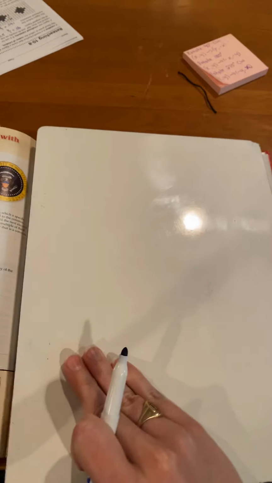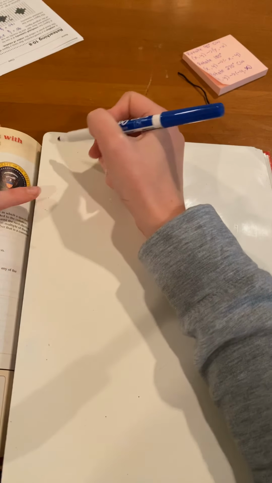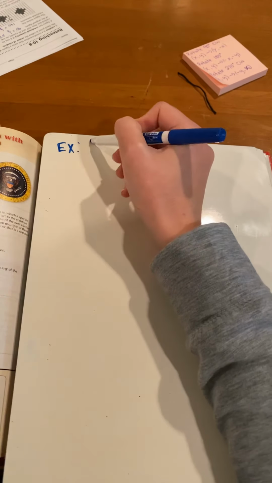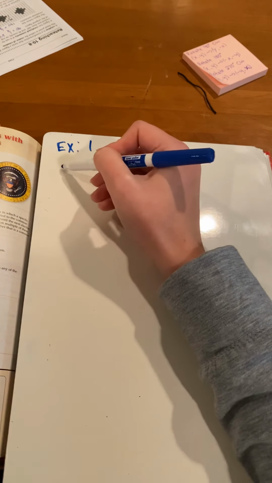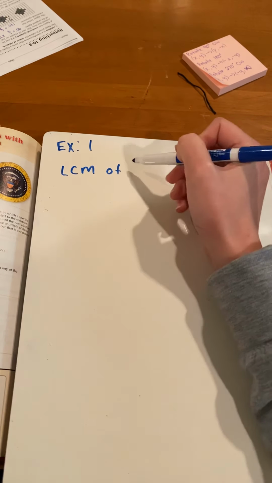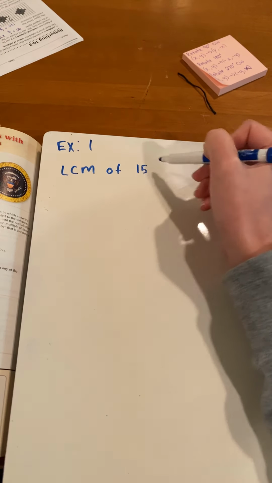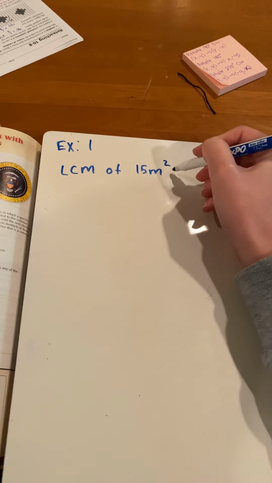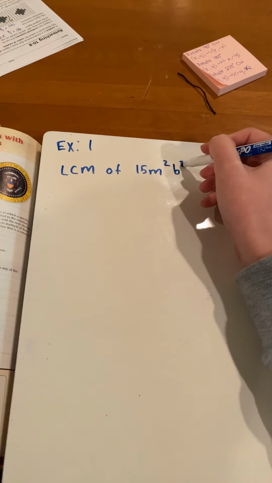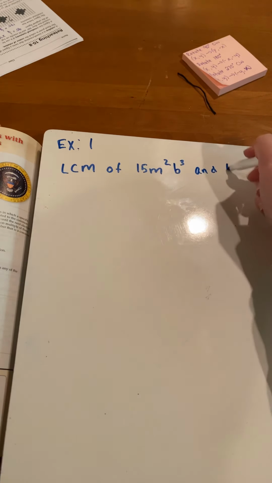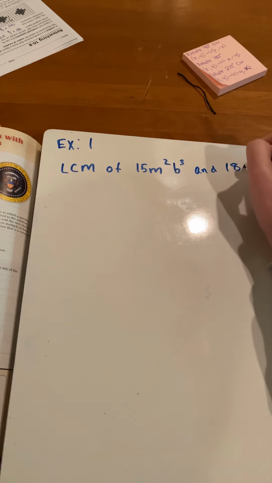Bringing you back over here. So example number 1. Example 1, what is the least common multiple, the LCM, of 15 m squared b cubed and 18 m b squared.